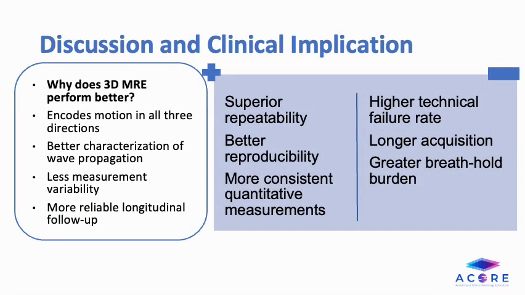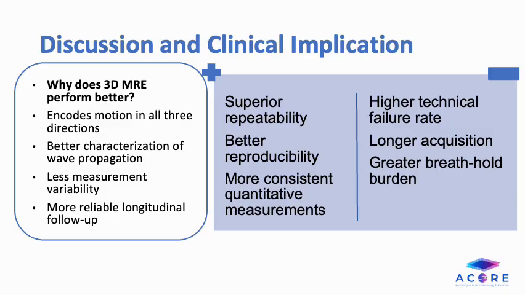So, what do these findings mean clinically? The superior precision of three-dimensional MR elastography likely results from its ability to characterize wave motion in all three spatial directions, providing a more comprehensive assessment of tissue mechanics. Improved repeatability and reproducibility for 3D MRE may increase confidence when monitoring disease progression or treatment response, especially in multicenter clinical trials and longitudinal imaging studies.